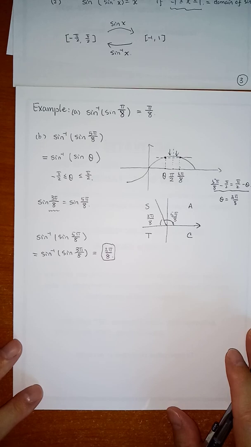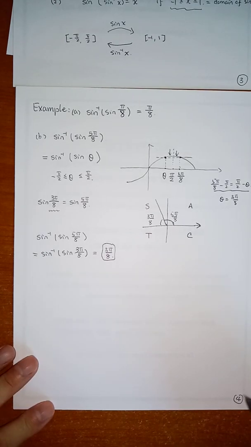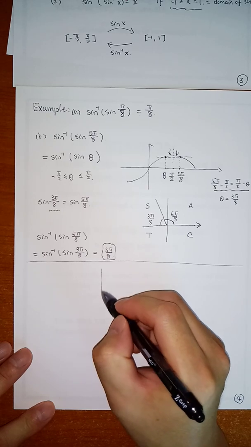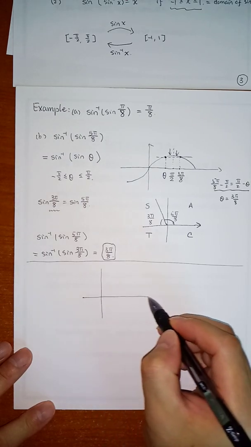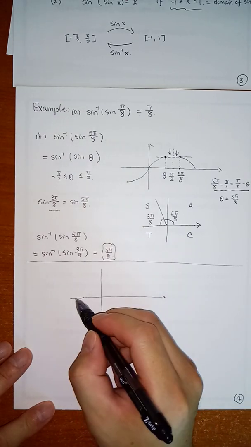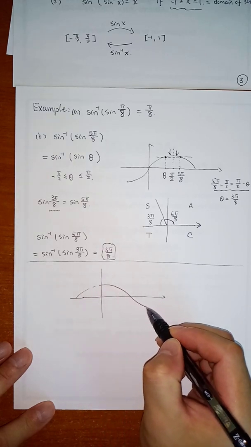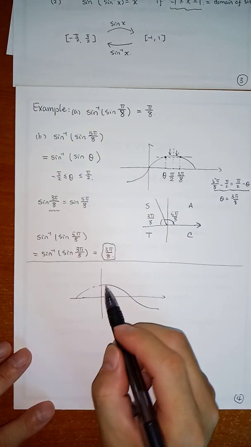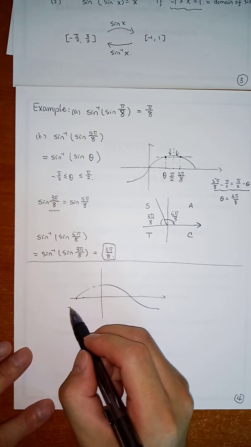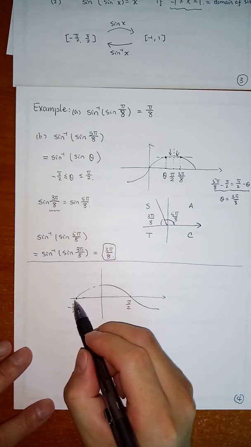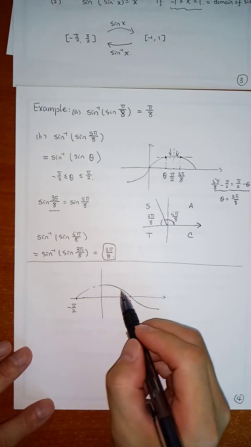Okay, after we figure out the inverse sine, let's see the inverse cosine. You see, if we still choose the domain negative pi over 2 to positive pi over 2, the function is not one-to-one. It's up and down, it's not one-to-one.